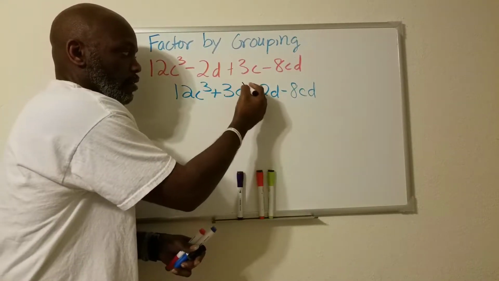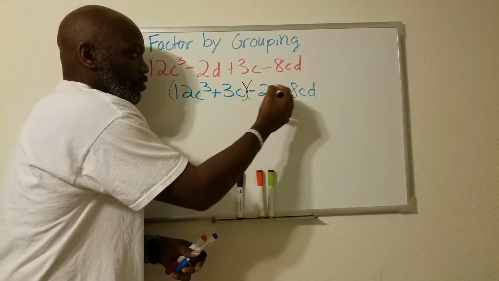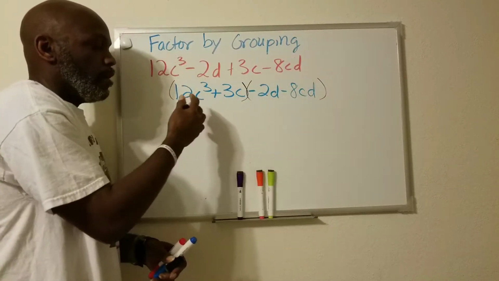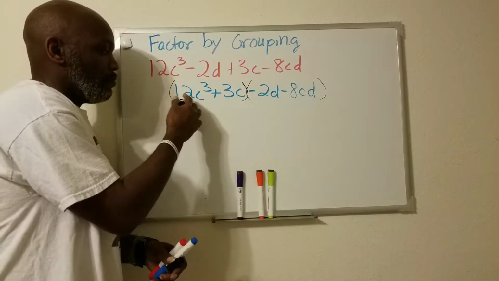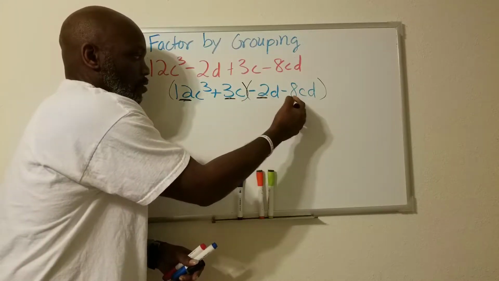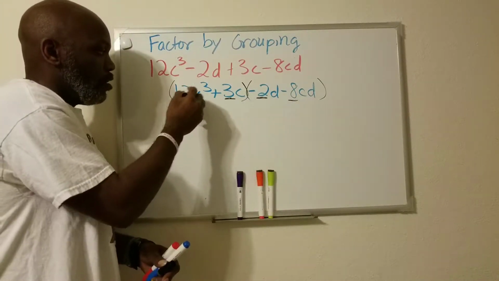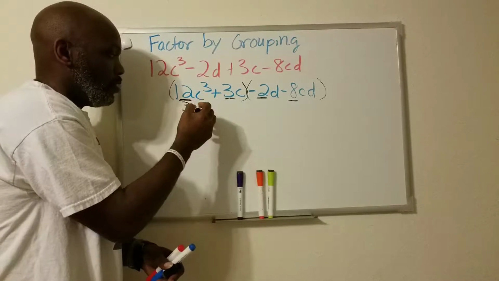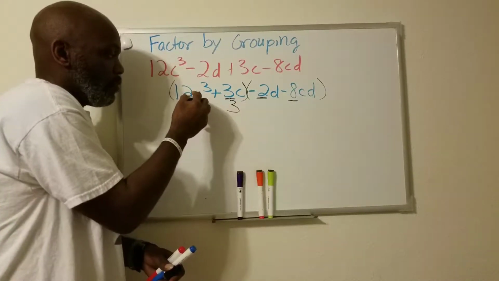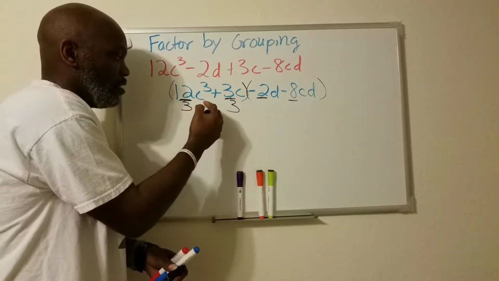but it makes it a little easier to find the greatest common factor of the coefficients. Okay, and so here we go. 12 and 3, the greatest common factor is going to be 3. The greatest common factor of c to the third and c is c.